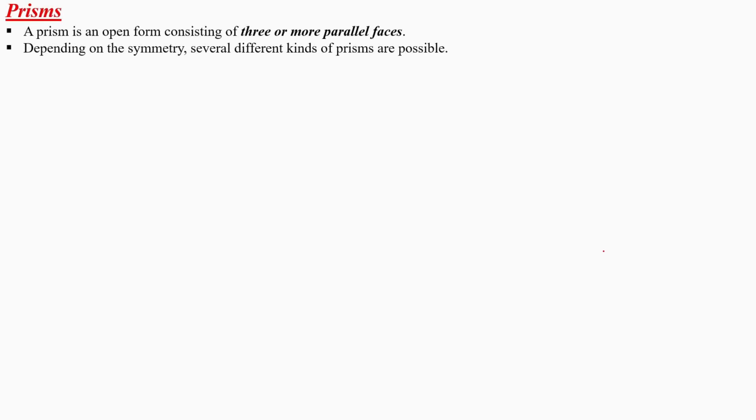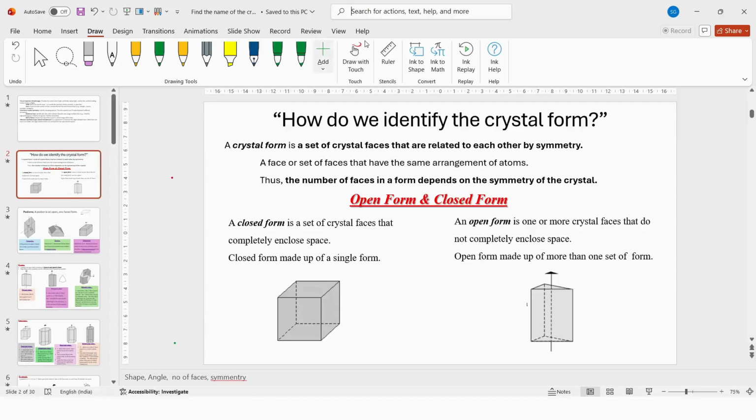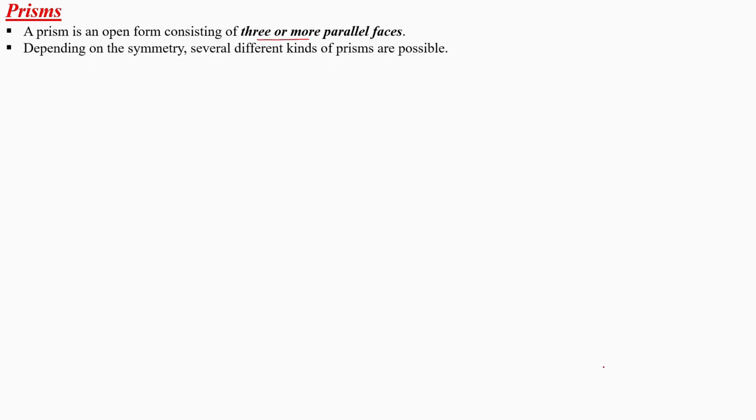And now we can see three or more parallel faces. Parallel faces means they will not intercept the C axis or any one of the axes. Again it is an open form, with three or more parallel faces. Depending on the symmetry, we can classify different types of prisms.